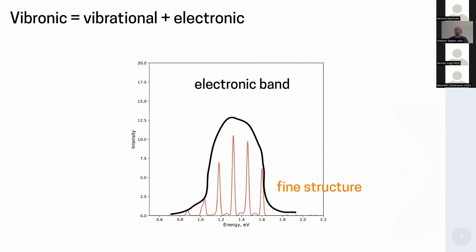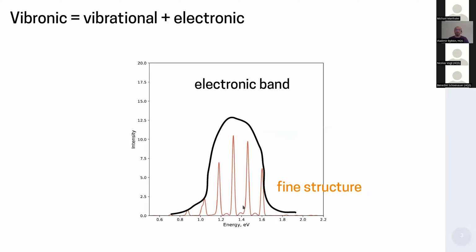Therefore, we have purely vibrational spectra in the infrared range, but never have pure electronic spectra, although this is a used term. Instead, we have vibronic, which is vibrational plus electronic. So this ugly black band is an electronic band corresponding to electronic absorption. But it consists of small, narrower lines which correspond to vibrations.